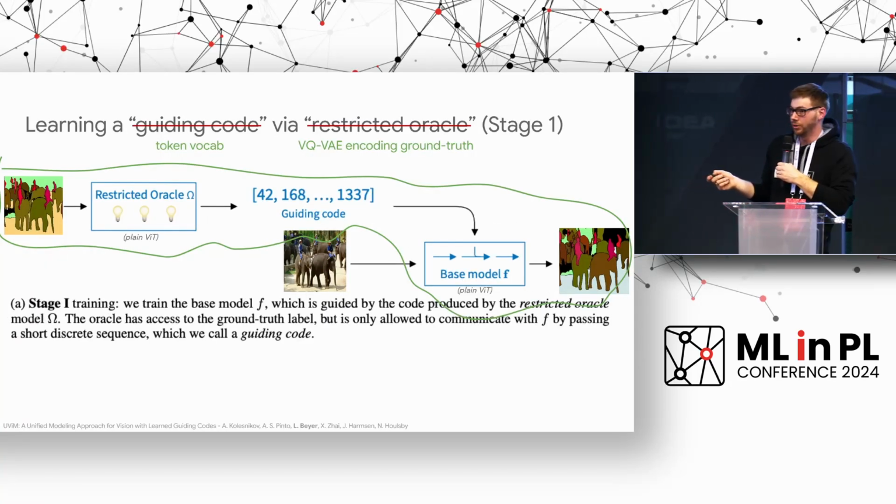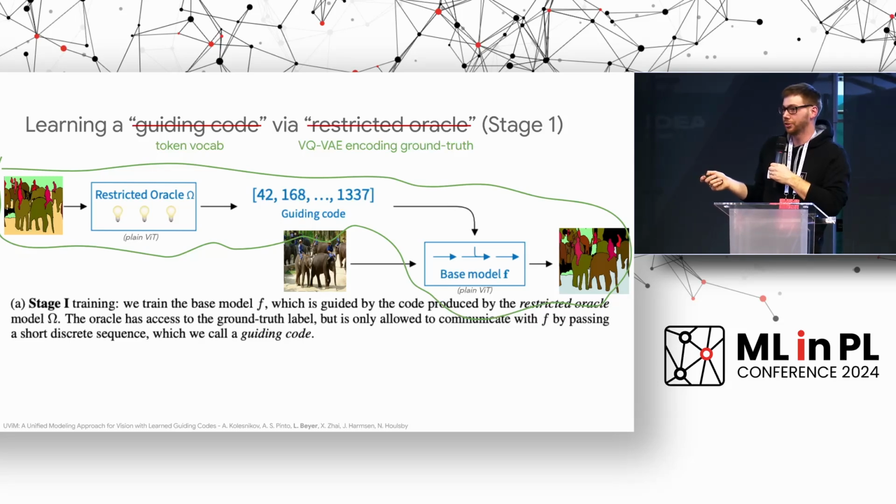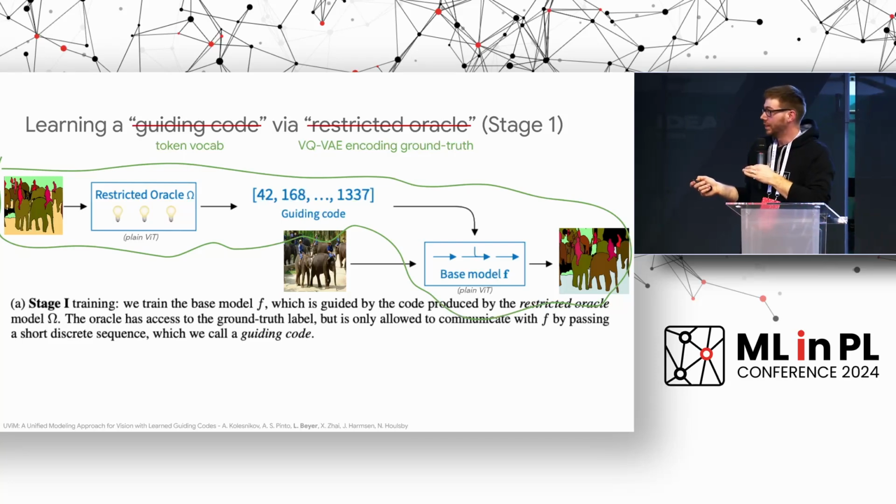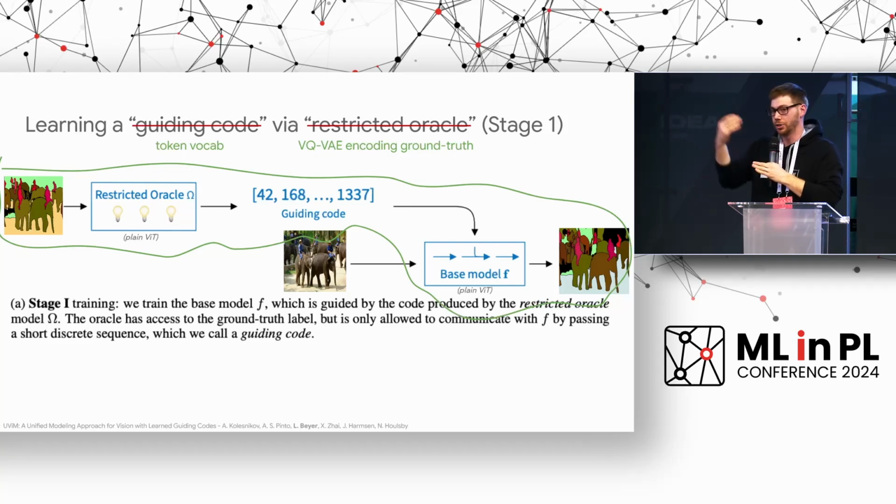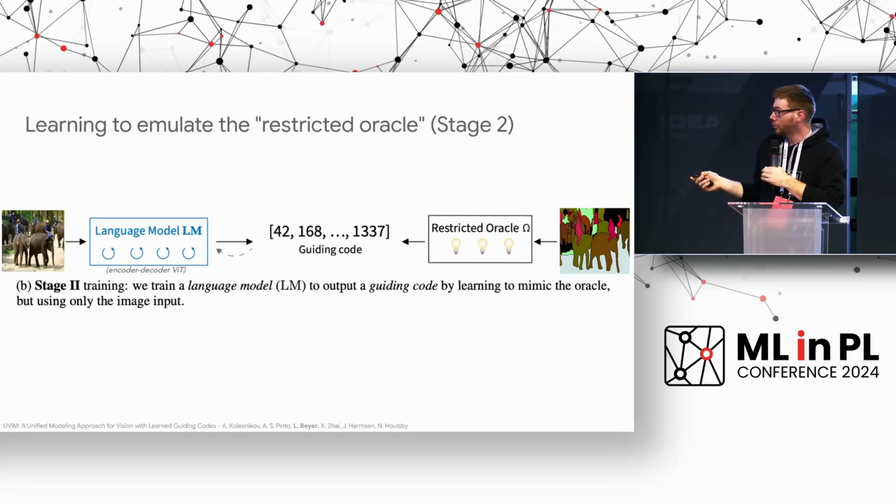So you basically learn to encode into a discrete vocab your ground truth labels, so your panoptic segmentation maps or your semantic segmentation maps and so on. And then each ground truth corresponds to basically a string of these dictionary entries. So this is text, just that it doesn't happen to correspond to English words, but to words in your VQVAE's dictionary, which can then be decoded.